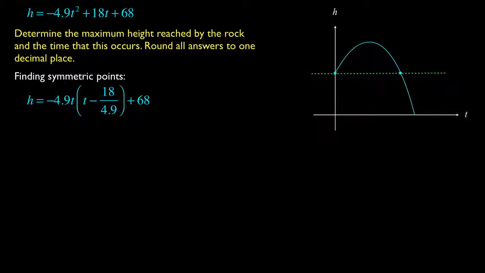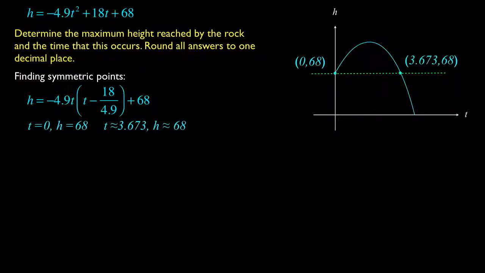What I recognize is that when t is equal to 0, h becomes 68 because much of the right-hand side disappears. And so I have the point (0, 68). Now when I let t equal 18 over 4.9, or approximately 3.673, h is approximately 68 again. And so I plot that other symmetric point.